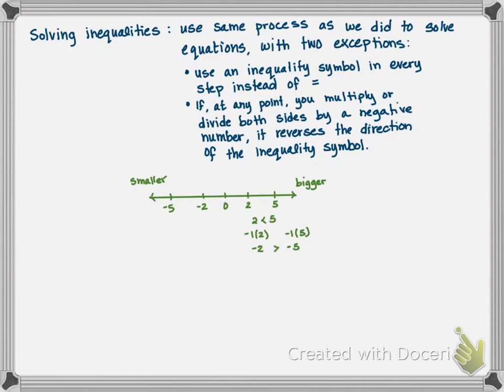So that switches. And it's because what we're doing is essentially taking these 2 points and flipping them over 0 on the number line. So it's sort of like a mirror. What used to be further right is now further left, and so what used to be greater is now less. Right, so that is bigger, and that is less.